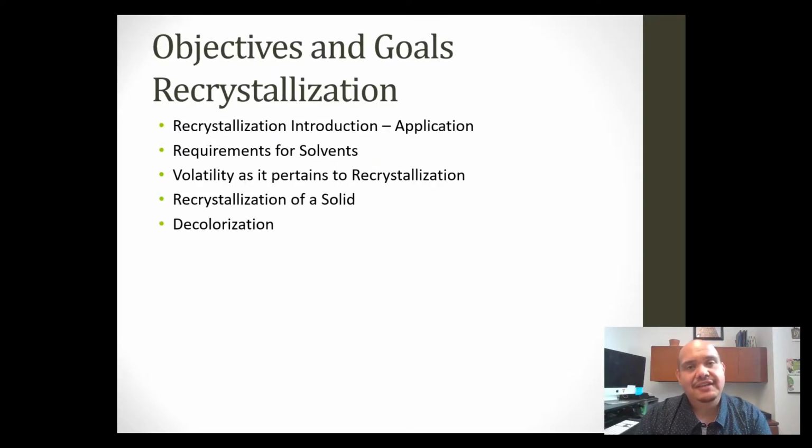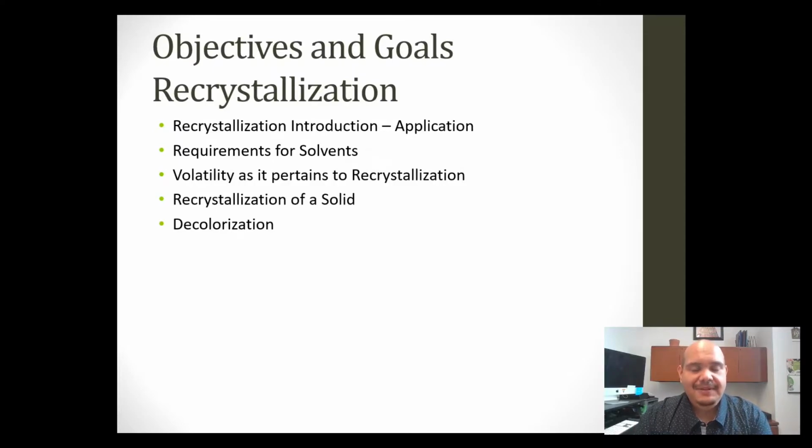This is why it was important to start our discussion with solubility, because solubility is so important when we try to determine whether a liquid solvent is polar, nonpolar, or somewhere in the middle, and what type of solvent we actually need to recrystallize our specific compound.